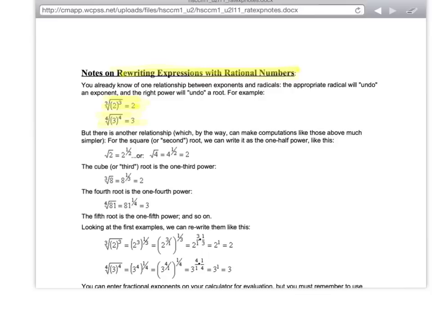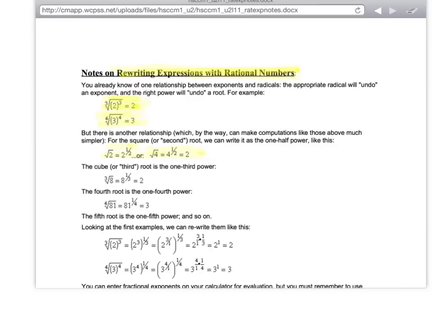But there is another relationship, which, by the way, can make computations like these that we've just done much simpler. For the square or second root, we can write it as 1/2 power, like this. The square root of 2 equals 2 to the 1/2 power, or the square root of 4 equals 4 to the 1/2 power, which then equals 2.